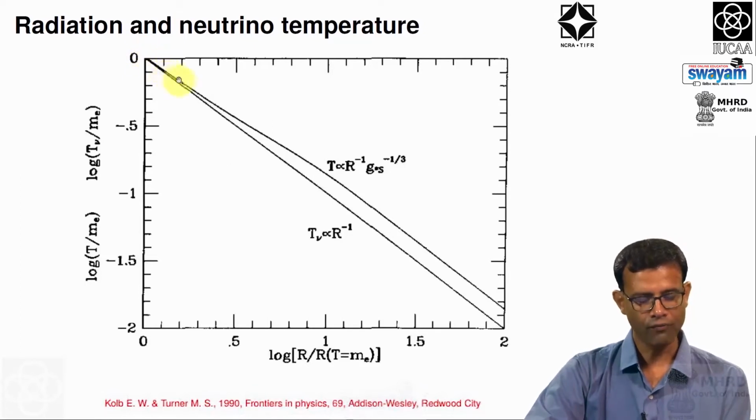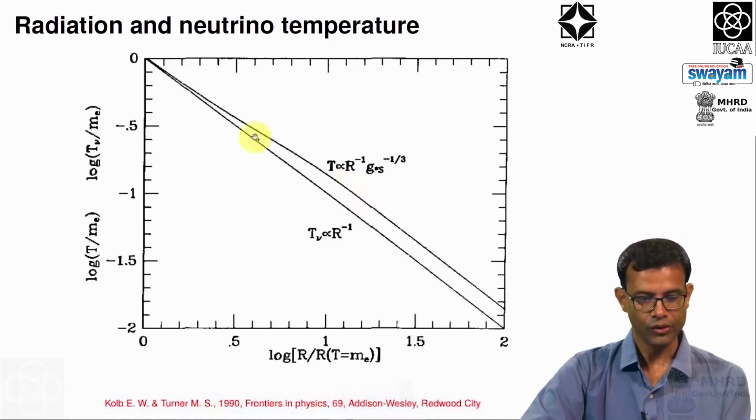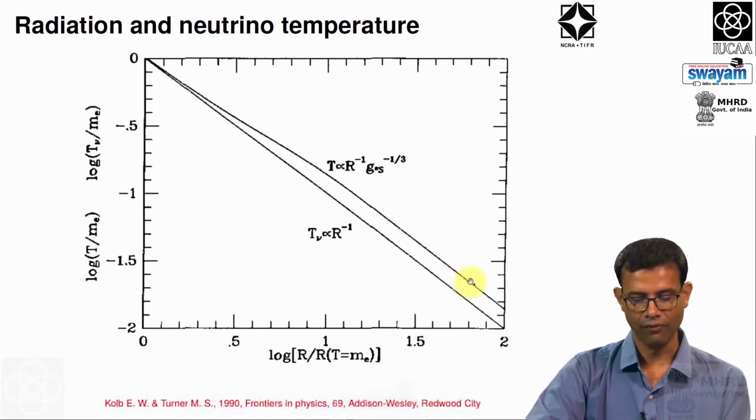At some point, the photons receive some extra energy because of the annihilation of electron positron pairs, so the temperature of the photons goes up, whereas the neutrino temperature keeps on decreasing as 1 by A. The photon temperature goes up, and then afterwards again falls as 1 by A. You can see there is an offset, but both fall as 1 by A afterwards, and the factor remains the same.